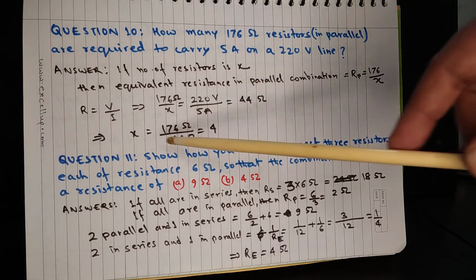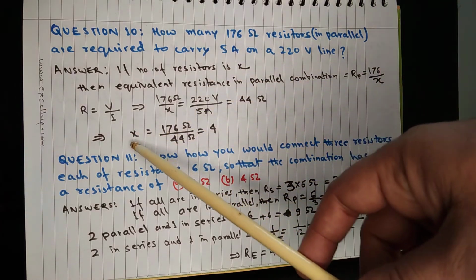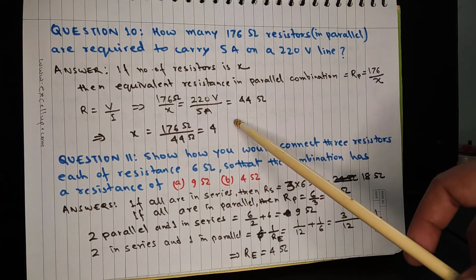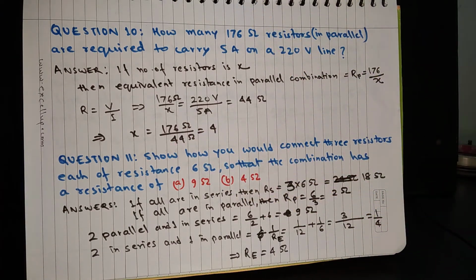So X is equal to 176 ohm upon 44 ohm is equal to 4. So we need 4 resistors of 176 ohm in parallel combination to carry 5 ampere current on a 220 volt line.